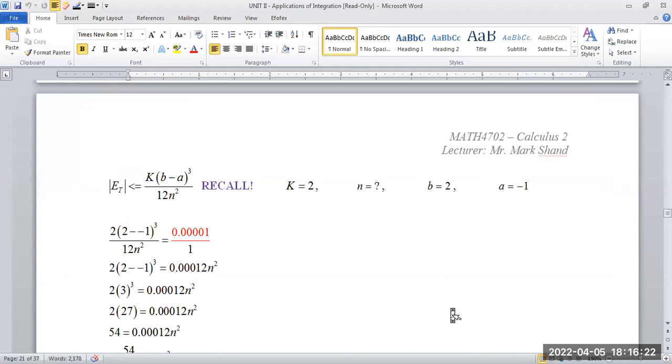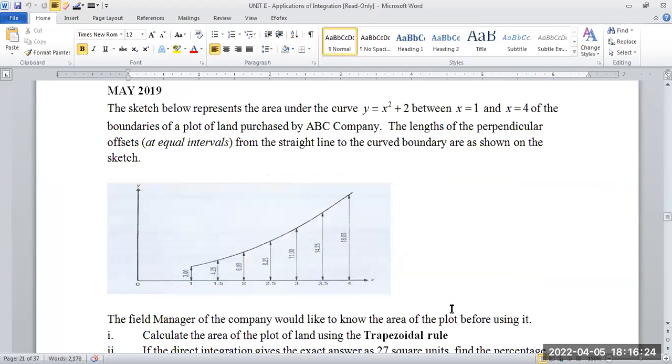Yes, sir. So when I started doing the question, I looked at the graph and I said, all right, so it's 1 to 4, and I'm going to have 7 ordinals. Okay, let me go ahead and do my delta x. And as I calculated, I'm recognizing that my first value is 3.